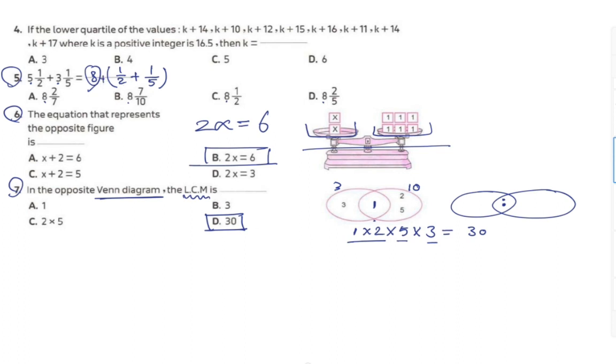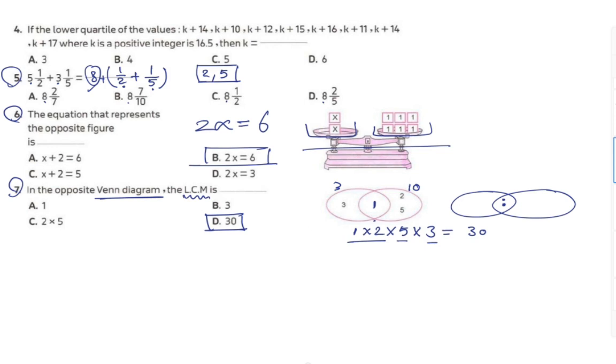Now look at the denominators. We have unlike denominators, and to add two fractions you must have like denominators. If you look at 2 and 5, what do we note? We note that 2 and 5 are two prime numbers, right? Yes, 2 is prime, 5 is also prime.